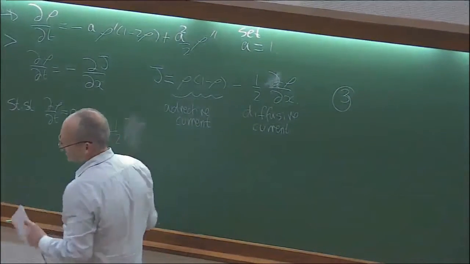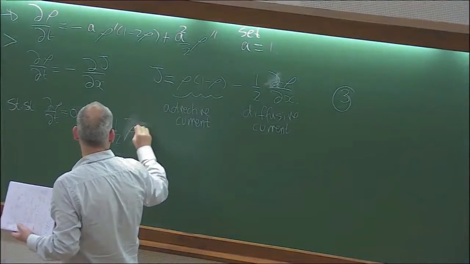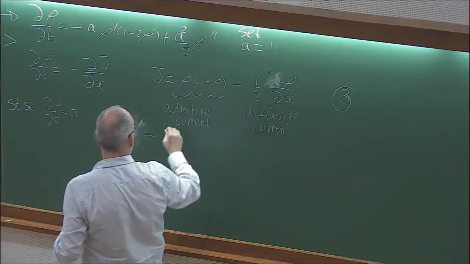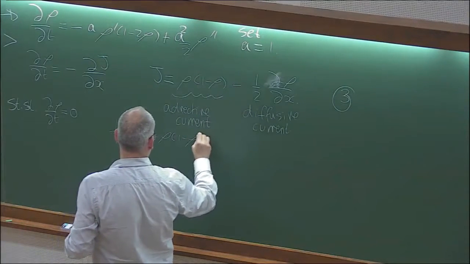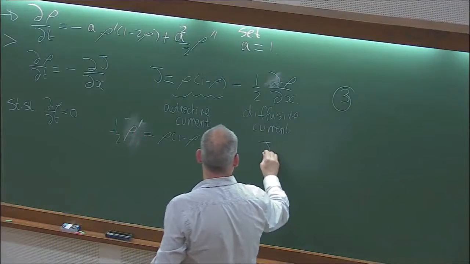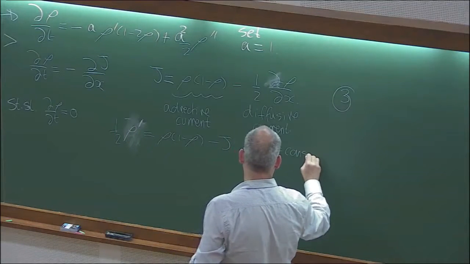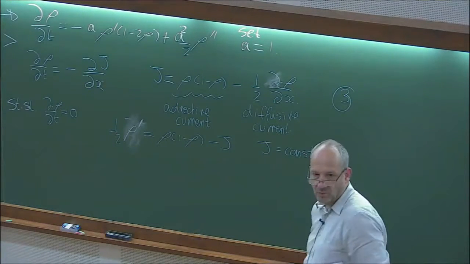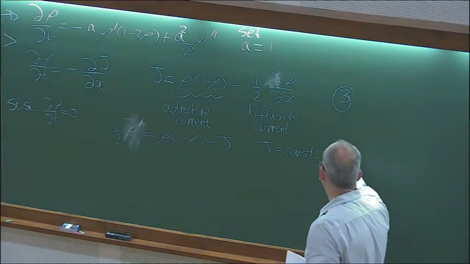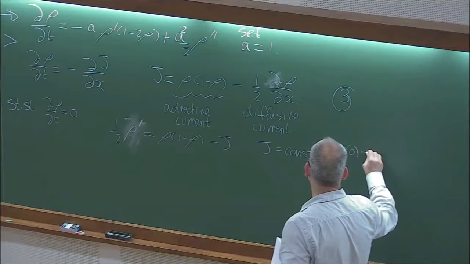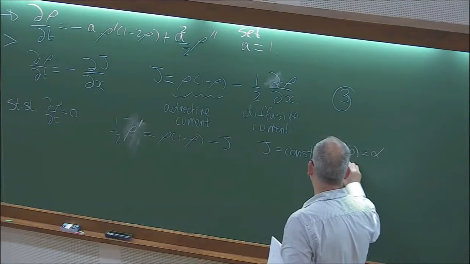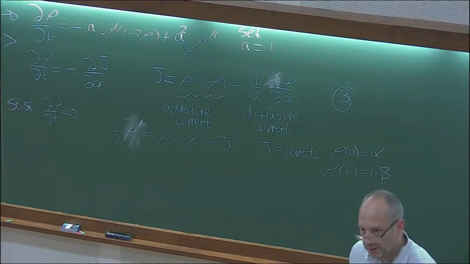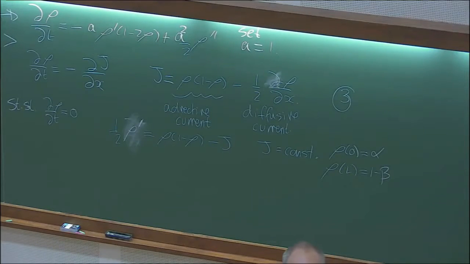Now it's a steady state, so there's no time dependence, so I can just write rho dash, d rho by dx, equals rho (1 minus rho) minus j, where j is now constant. But also I've got boundary conditions, and remember the boundary reservoirs I can treat as rho of 0 equals alpha, and rho of L equals 1 minus beta. That's what the boundary conditions correspond to.